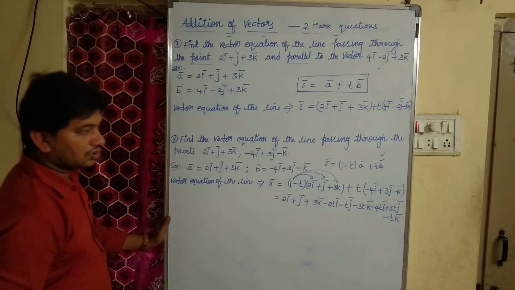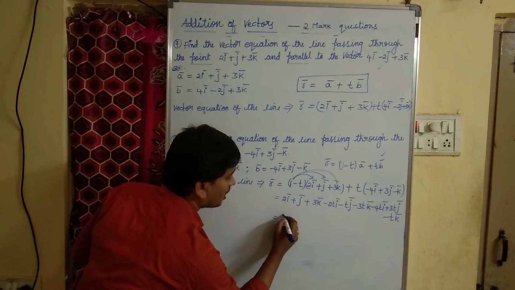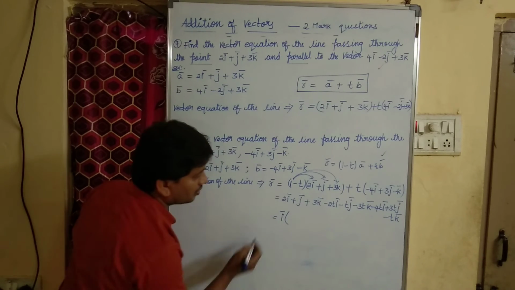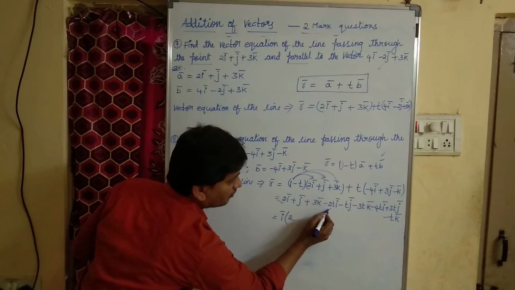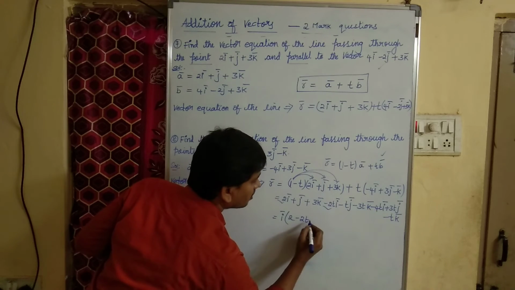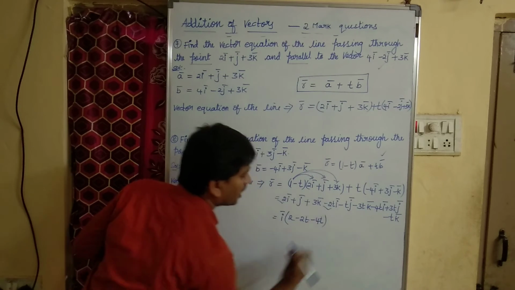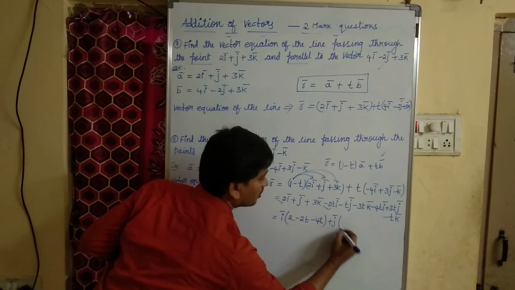So first let us take i bar as common. Here the i coefficient is 2, and here the i coefficient is minus 2t, and here the i coefficient is minus 4t. Next we take j bar as common.